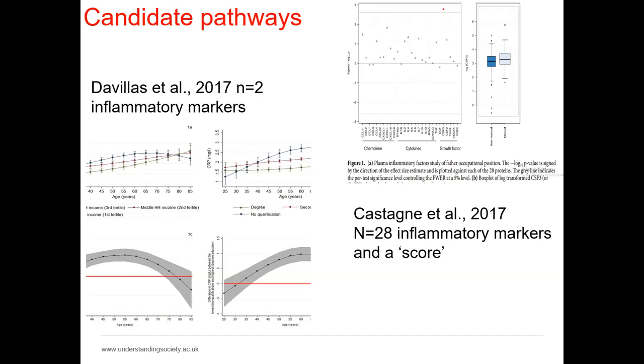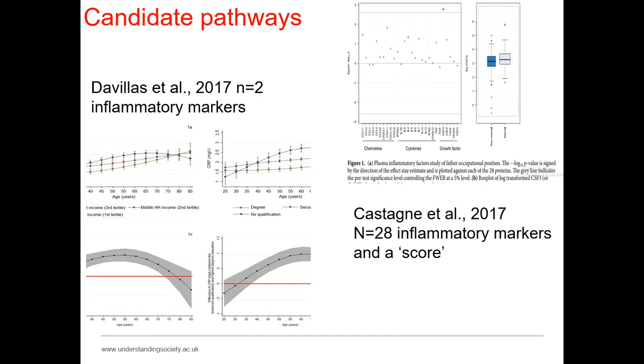This is a paper that was written by Apostolos Davilas and Michaela Benzeval and myself in 2017, describing how in the different age groups you can see a difference by educational attainment or income, in people who have higher education or no qualifications.